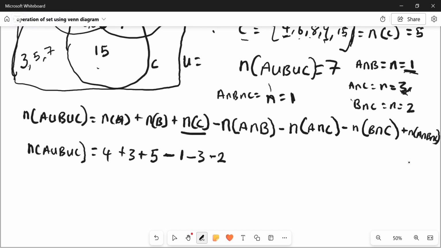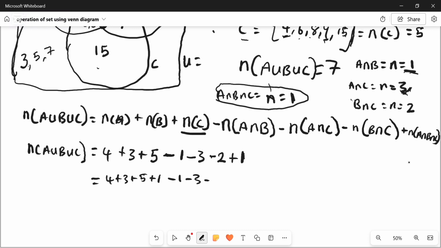Then we add the number of elements when A intersect B and intersect C. So this is it. We got it as 1. So let's add it together now. So we're having 4 plus 3 plus 5 plus 1 minus 1 minus 3 minus 2. So this becomes 4 plus 3, which is 7.